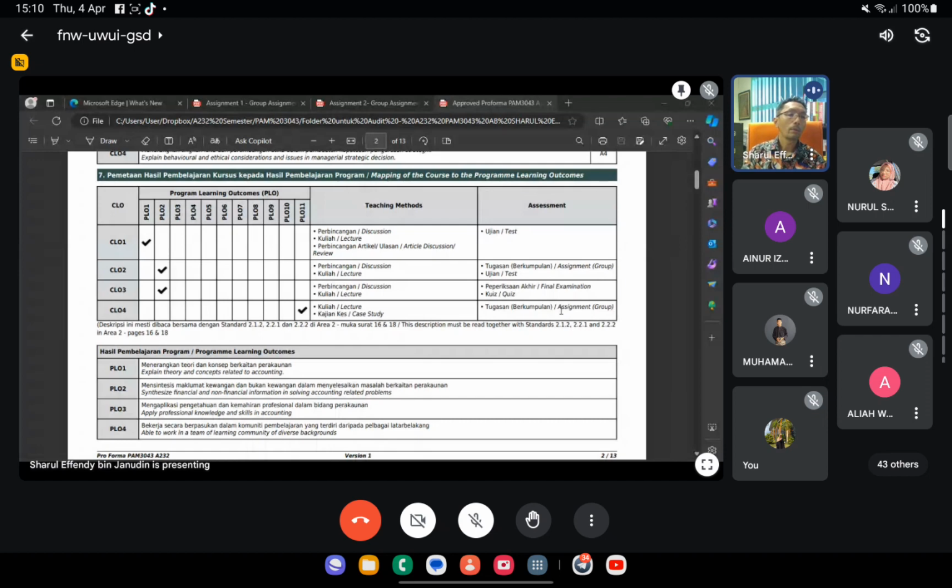So meaning that we don't have an individual assignment, because I believe that the best way to assess at the individual level is by looking at your answers for your midterm and your quiz, and to look at your collaborations. So we're going to have two group assignments, and all the details I have uploaded in my group.